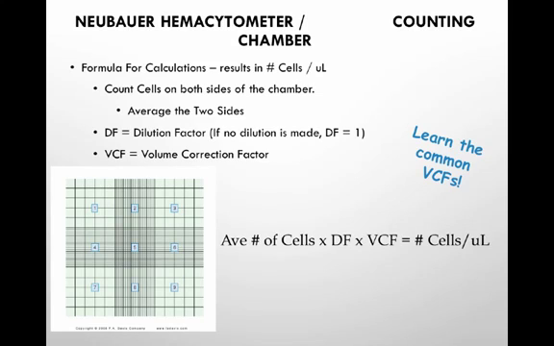We can see our formula here that should look very familiar. Average number of cells counted: we're going to average the two sides.